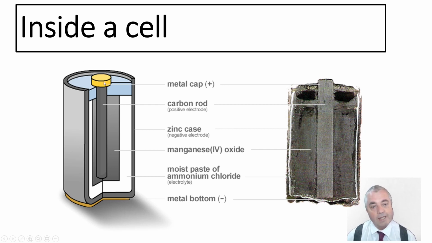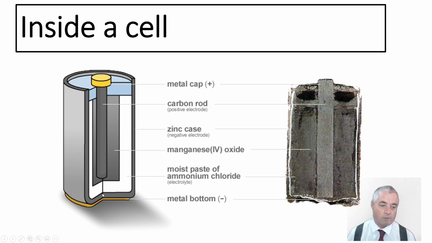So in the middle of the cell, we've got a carbon rod, and there's a metal cap, so it will connect into the circuit, and that will be the positive end of the cell. You've then got some manganese oxide, which doesn't take part in the reaction. You've got some ammonium chloride paste. And like vinegar, ammonium chloride is a weak acid, so that's involved in the chemical reaction.